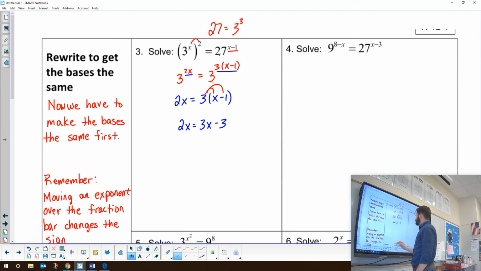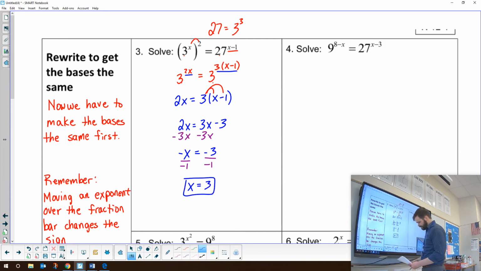Let's move this 3x over to the other side. That's going to give me negative x equals negative 3. Divide both sides by negative 1, and we're going to get x equals 3. Okay? All right, so there's our answer to that first problem. We found the same base.